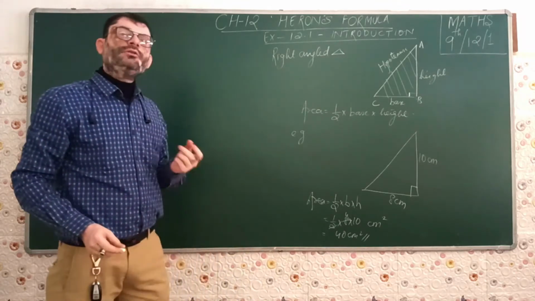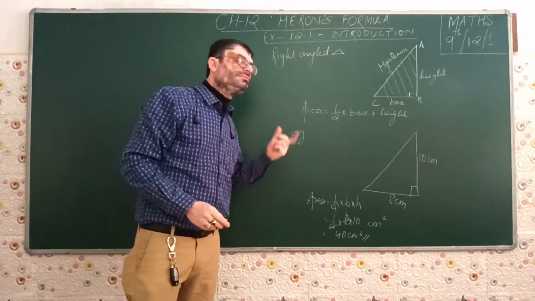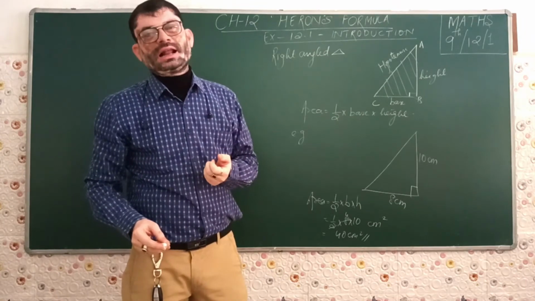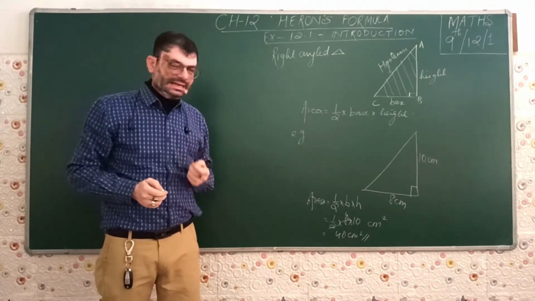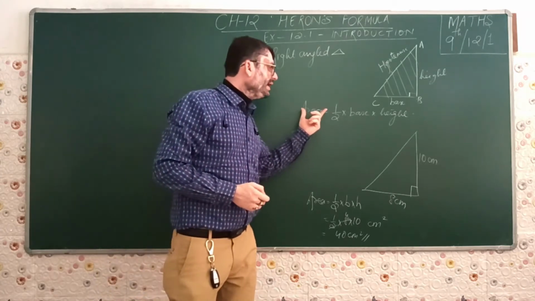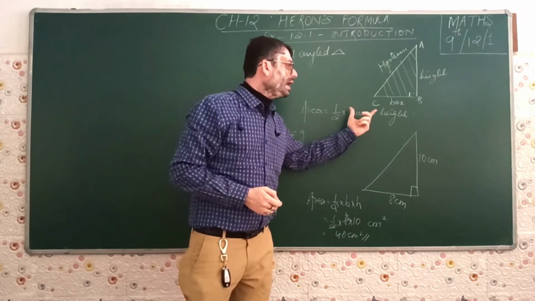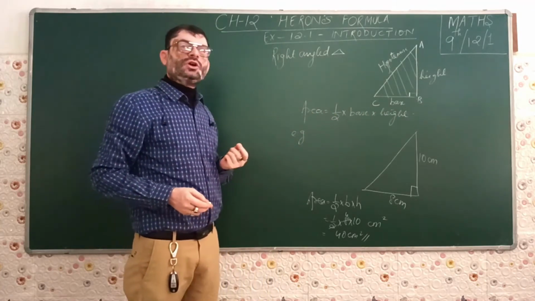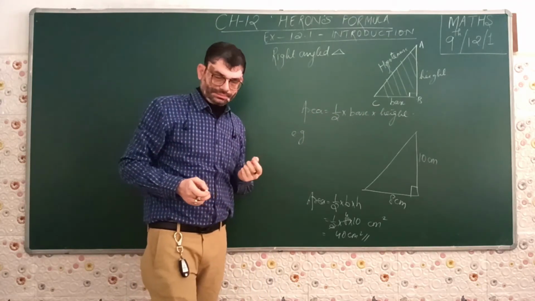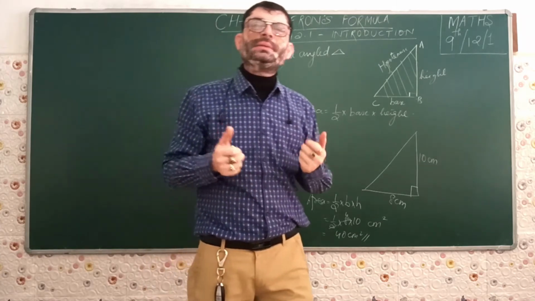This is the way we used to find the area using the basic formula of area of a right angled triangle, for triangles where one of the angles is 90 degrees, given by area is equal to half into base into height. But whenever we talk about a right angled triangle, we always remember a great mathematician.